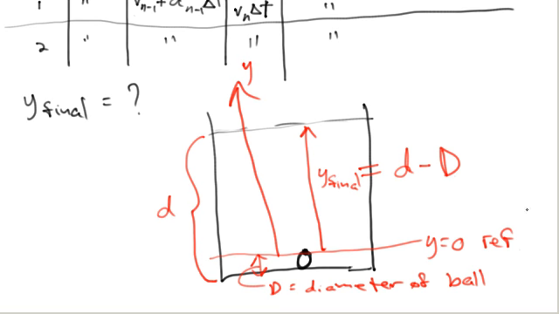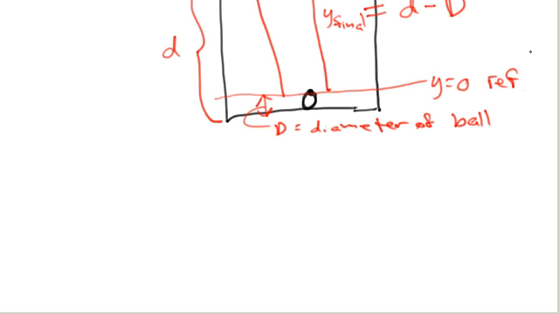I'm going to say things, initialize variables. D, the depth of water, capital D, the diameter of the ball.